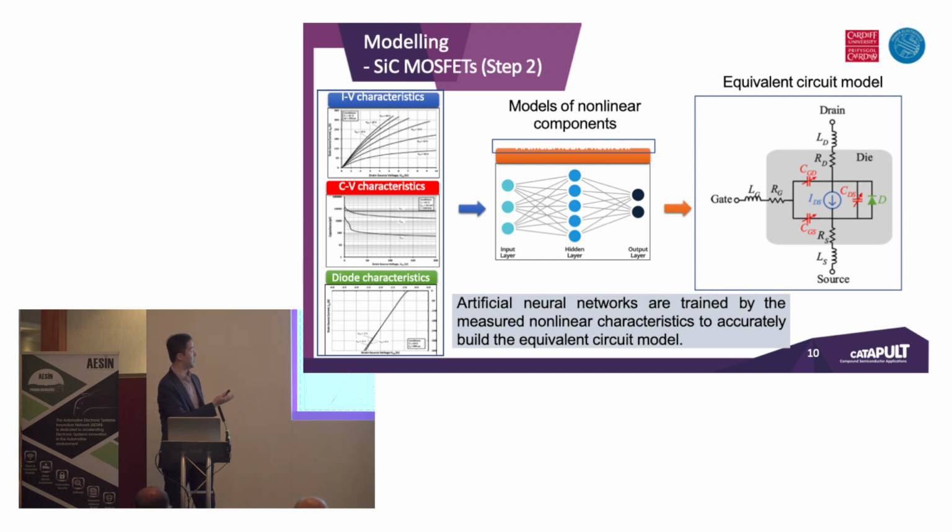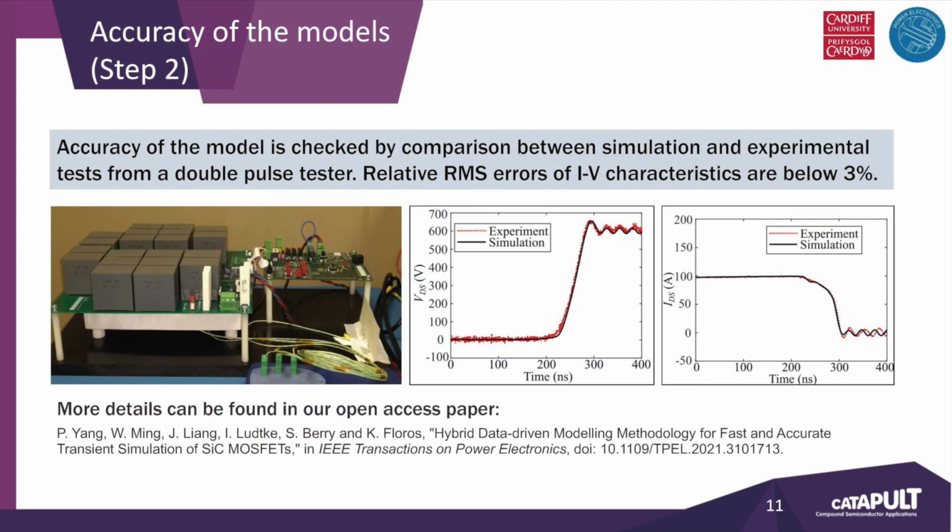For that part, we need to look after, for example, the layers or the structure of the artificial neural network. The other thing we need to think about is the convergence of the final model, because we use that model to do the simulation, so we need to make sure that the circuit model can converge. That is the challenge we face, and these are some preliminary results.